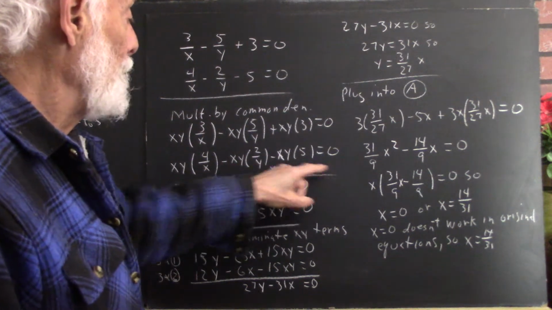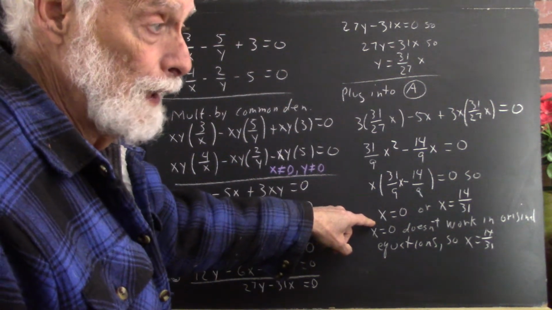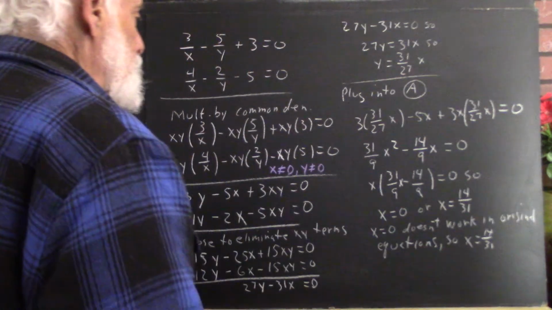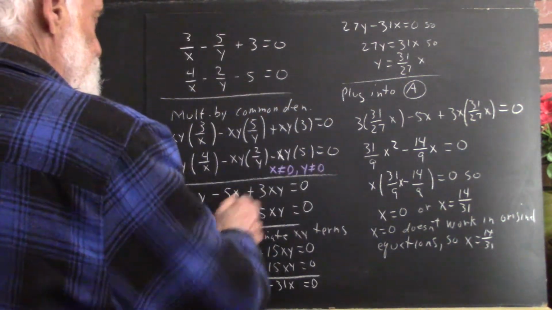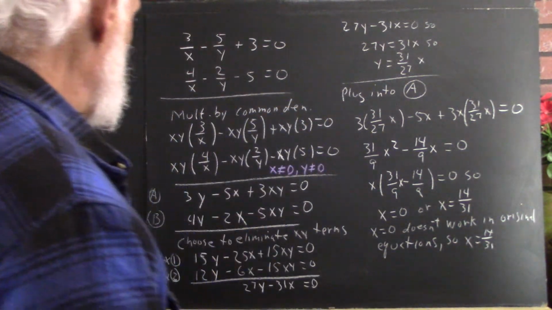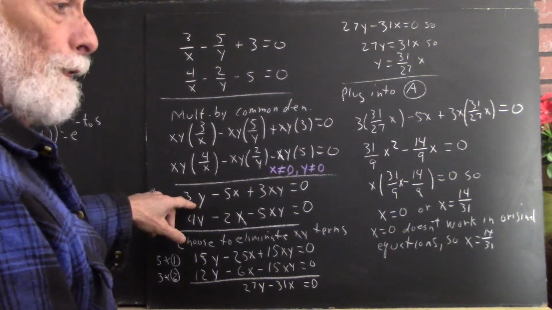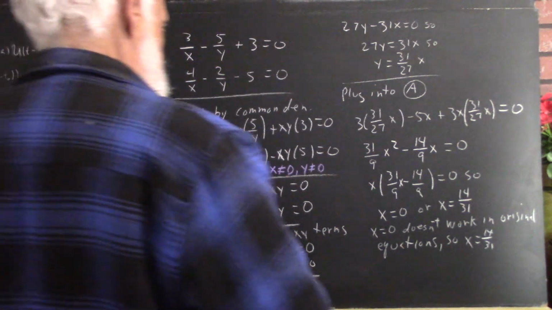But if we had written this restriction here, we'd be doubly sure to notice that x equals 0 can't be part of the solution. Okay? So now we just plug this in to either of these equations and solve for y.